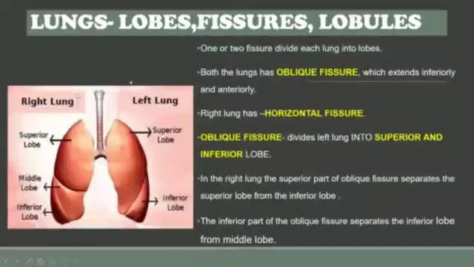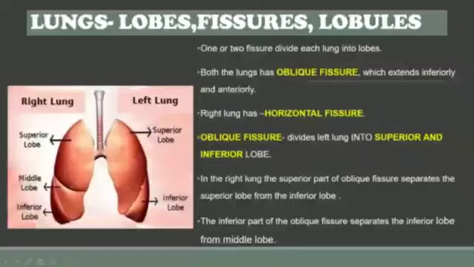Next, we will learn about the lobes, fissures, and lobules. As you know, this is the right lung and this is the left lung. Right lung has 3 lobes, whereas the left lung has 2 lobes.